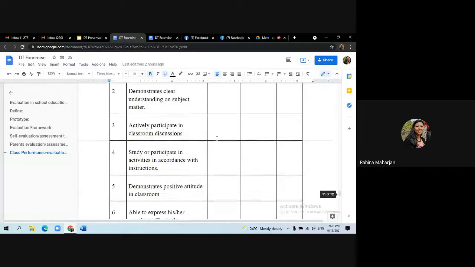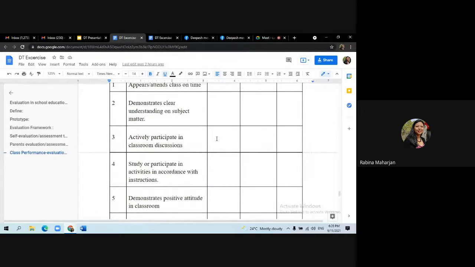Similarly, they will be assessed on the basis of their demonstration of clear understanding of the subject matter. After the class, whenever we do circle time and summarize the lesson, we can see whether the students have developed a clear concept of the things we have taught or not. On that basis also, we can evaluate our students.